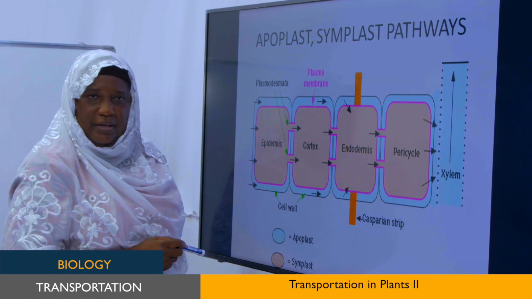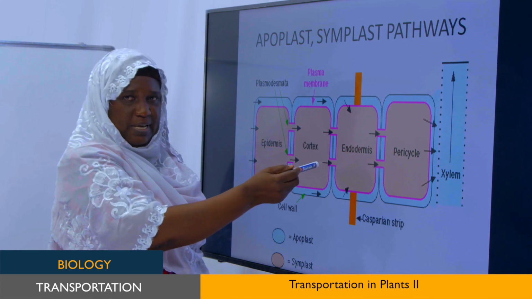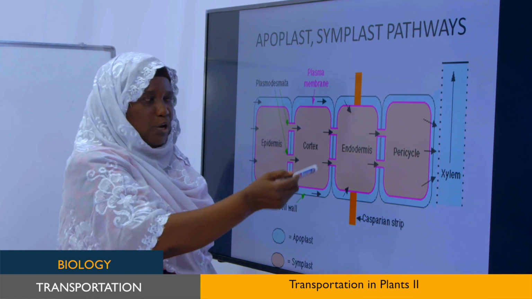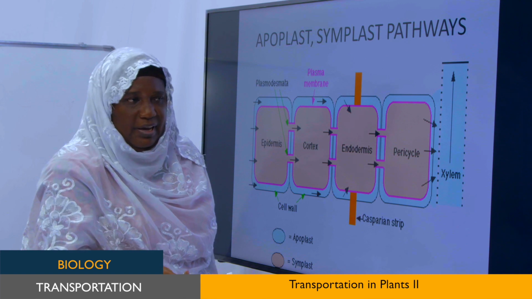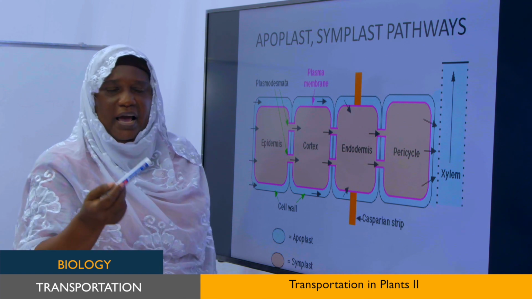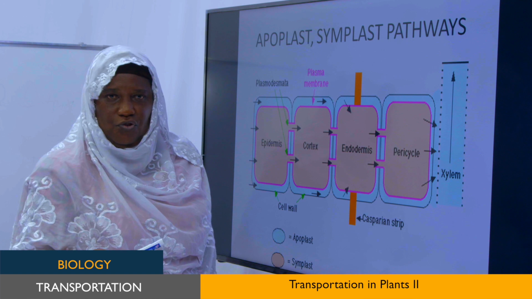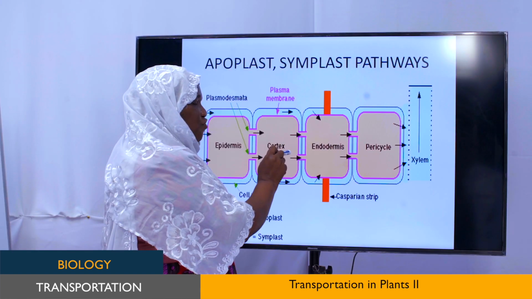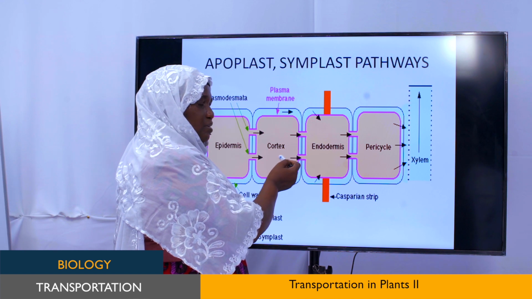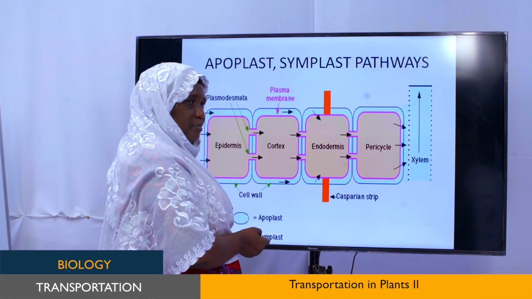After reaching here, the same story takes place. The cortex protoplasm becomes diluted in terms of concentration, and it acquires high water potential. That high water potential will be used to push water from this cell to endodermal cells.